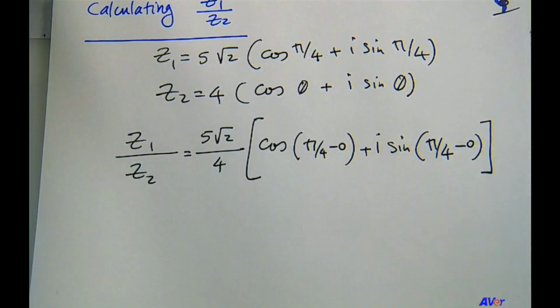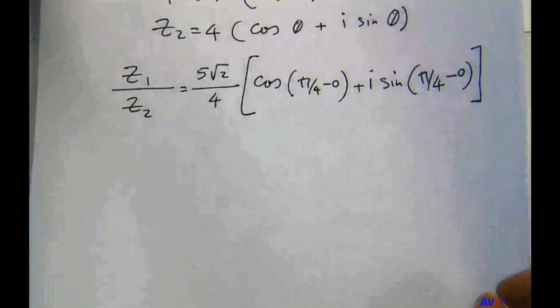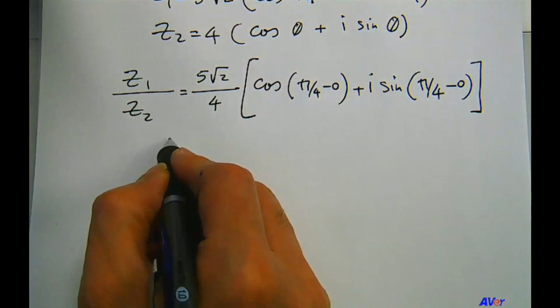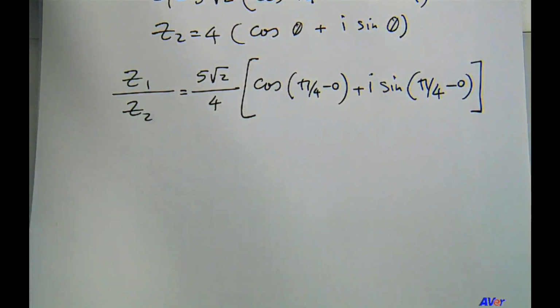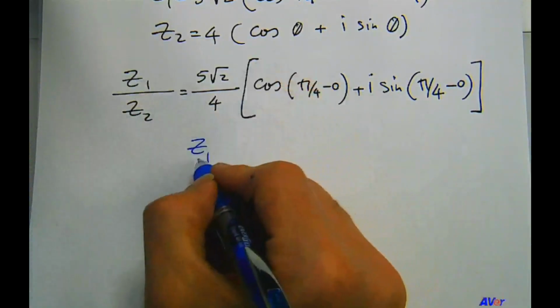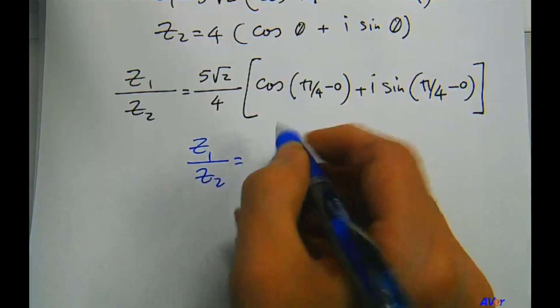So let's simplify this. We have z1 over z2. And then I'll box this and then I'll simplify it more, so you have both forms.